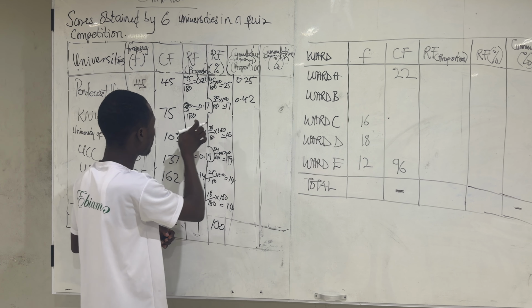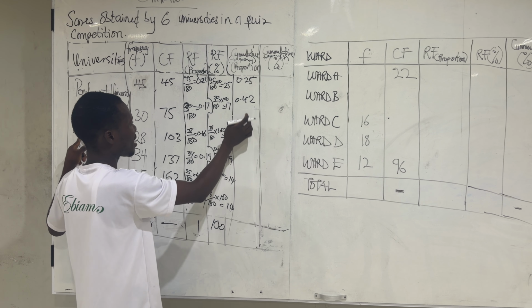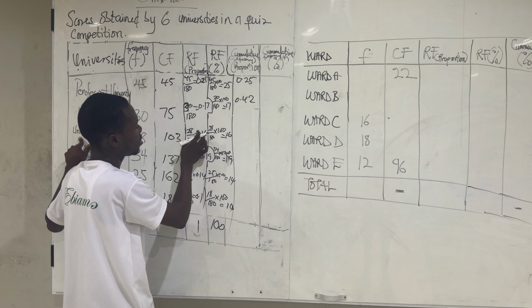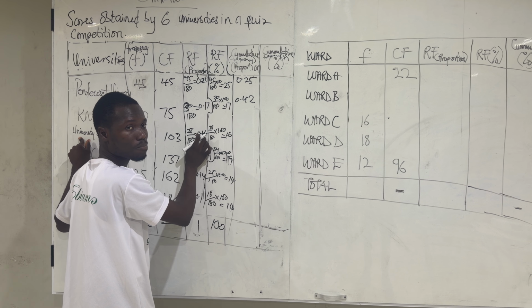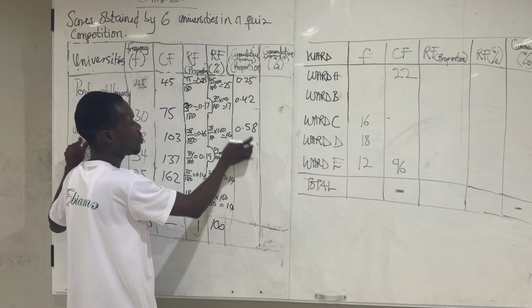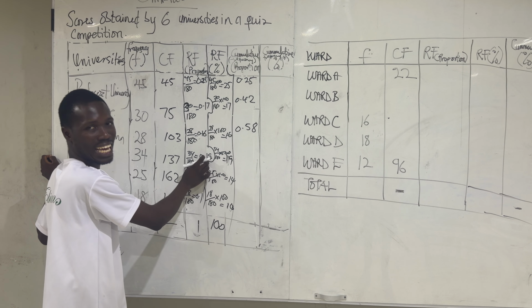So for us to get the cumulative frequency for University of Ghana, it's going to be 0.42 plus 0.16. And that will be 0.58. Now, our next one will be 0.58 plus 0.19.